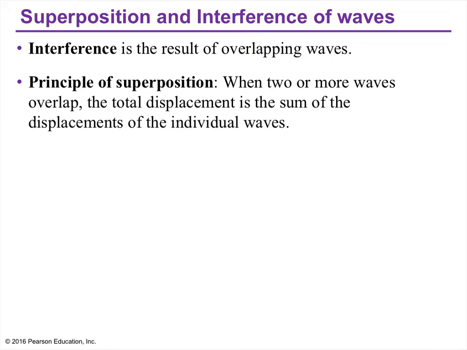And what we want to know is, what happens when the two waves get to a location at the same time? The principle of superposition is what governs how they're going to interfere. And basically, it's just that the total displacement is the sum of the displacements of the individual waves. You just add them together.